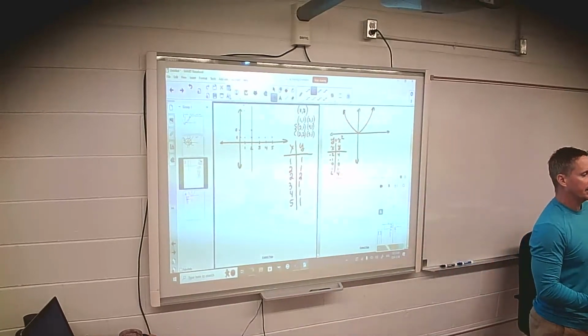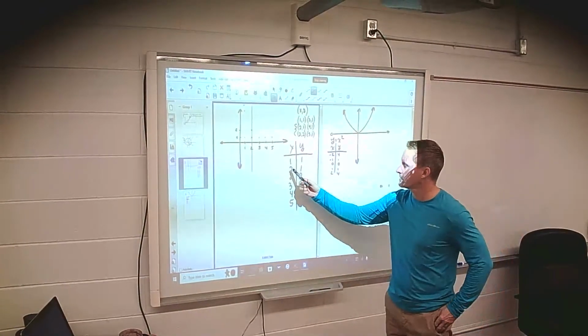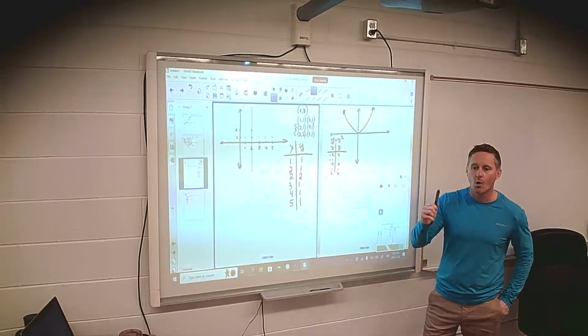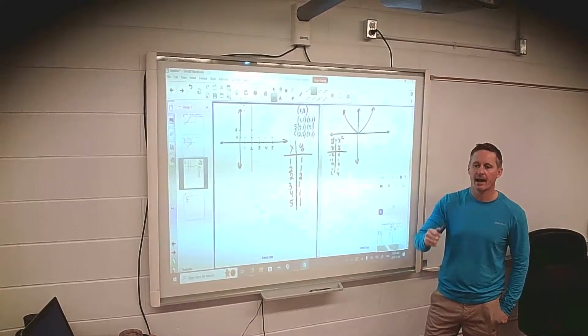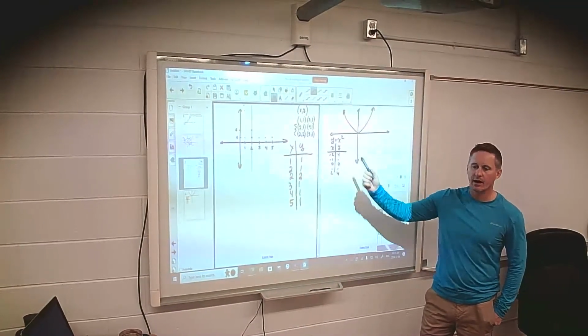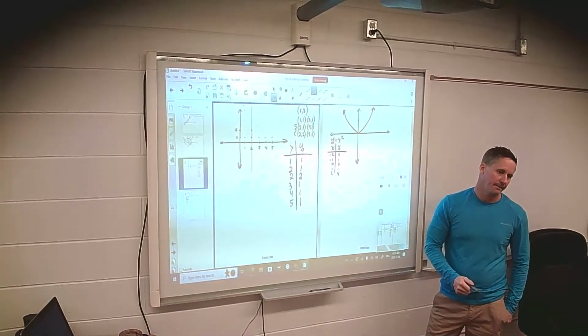Do any of the x values repeat themselves and have different y values? Yeah. The 2 has a 1 here and the 2 has a 2 here. So as long as the x values repeated. Only if the x values are repeated and have different y values. That is correct. Any of the x values repeated there? No. What if it was negative?